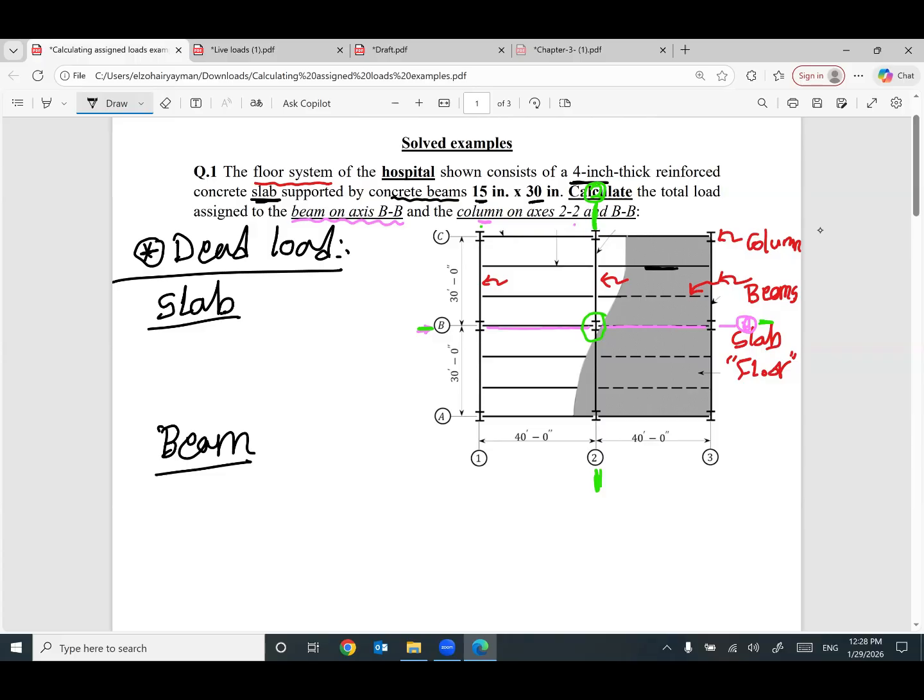For the slab, the value of the dead load will equal T floor times gamma concrete. The thickness of the slab, which is given here as 4 inch thick, because it's in inches, I will divide it by 12 to be in feet. Gamma concrete is a constant number, 150 pound per cubic feet. So the value I think will be 50.